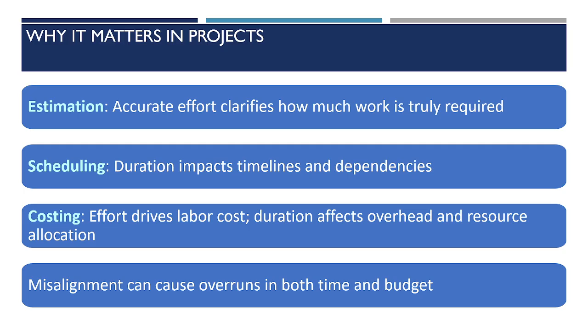As I mentioned, the effort drives labor cost and the duration affects the overhead and the resource allocation. And so, again, using that example, if my cost assumed a week's worth of the team, but in fact I now need 2 weeks, it's not just the resource, it might be the project manager or some of the other resources whose cost is also extending. And that misalignment can cause the overruns in both the time and the budget.